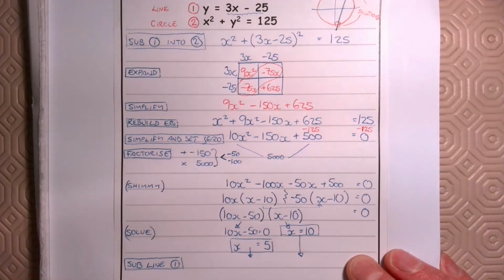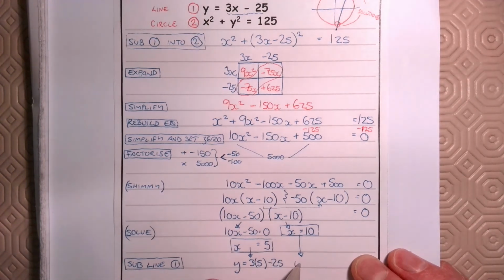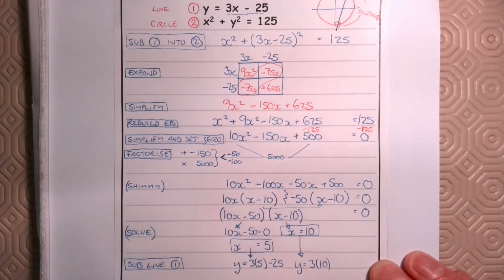So let me remind myself what we're doing. So y is 3x minus 25. So y is 3, x is 5 minus 25. And over here, y is 3 lots of x, which is 10 over here, minus 25.